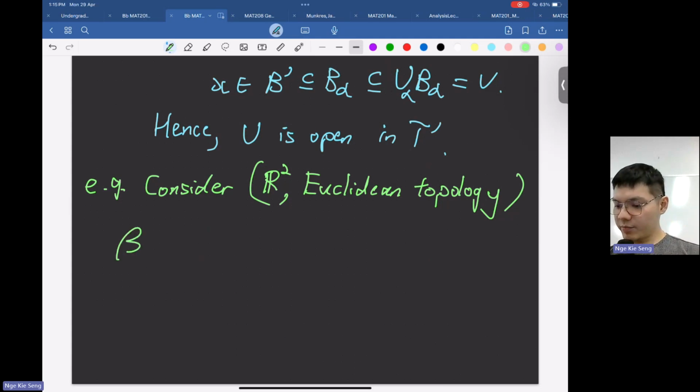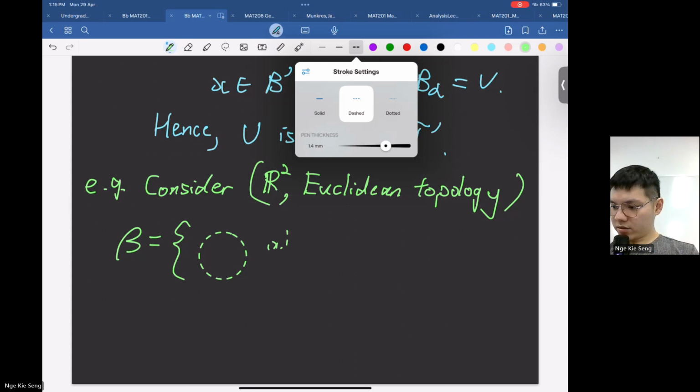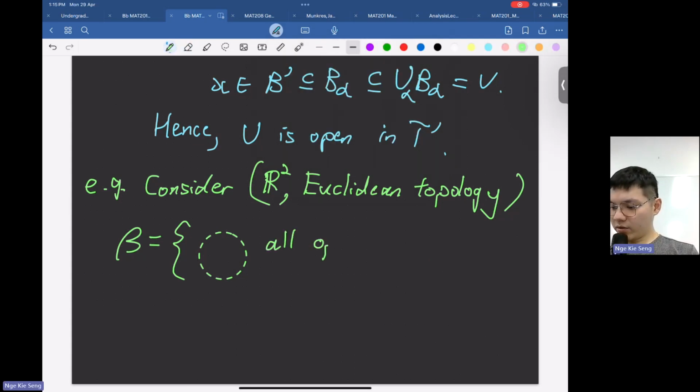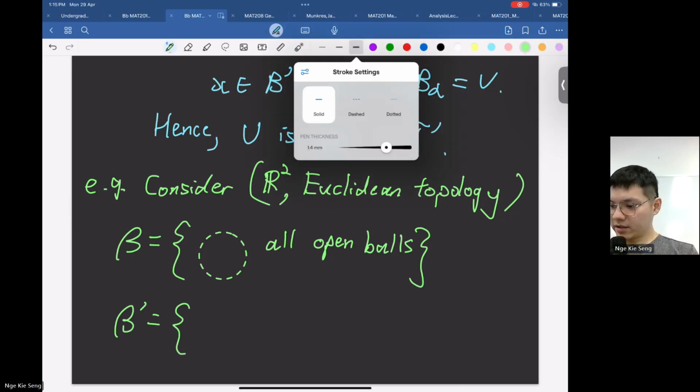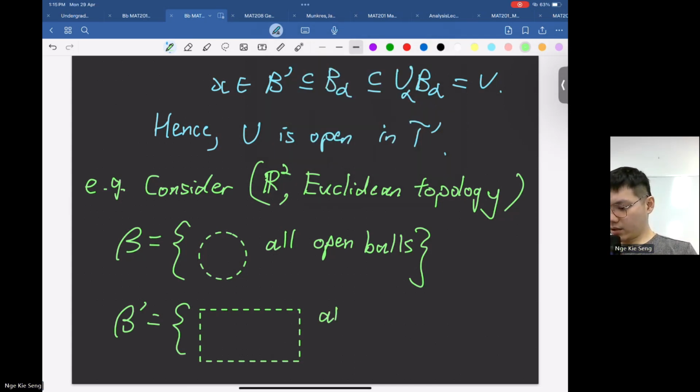You can consider B to be the set of all open balls, or you can pick all open rectangles.